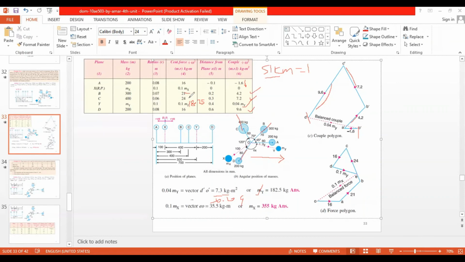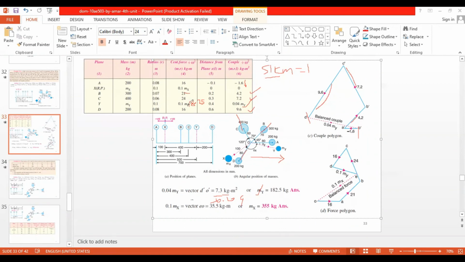Then C, that is 24. So B to C is in this direction, so I will draw parallel to this B to C, that is 24. All right, then I have Y, that is 18.25, but we will wait for that.